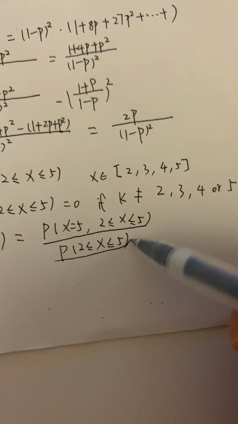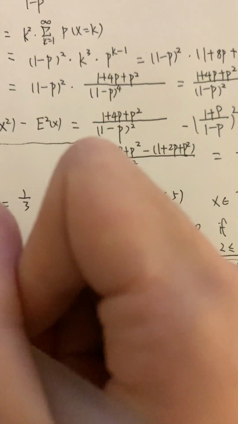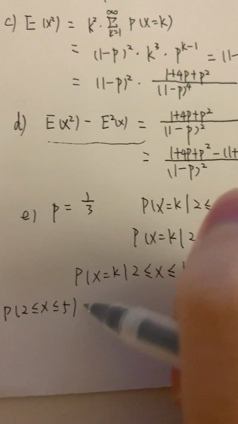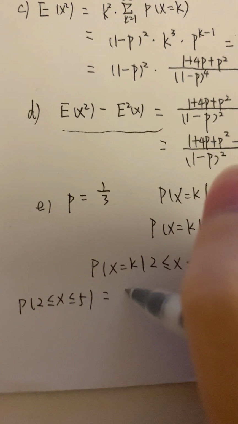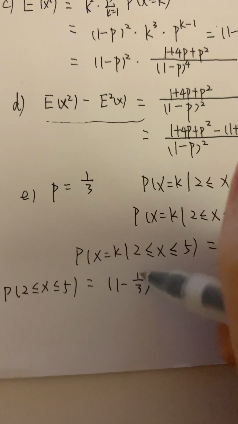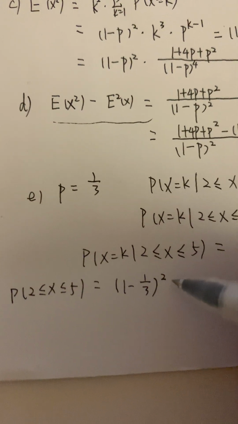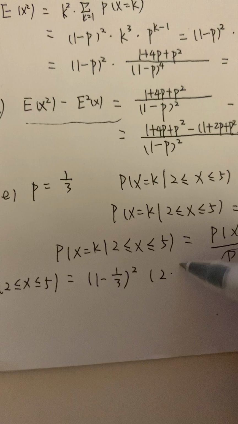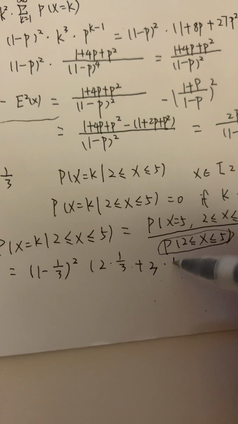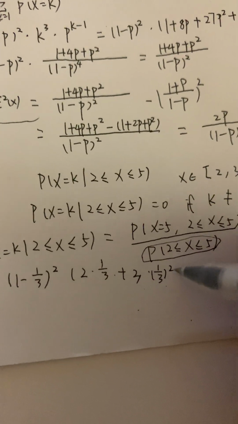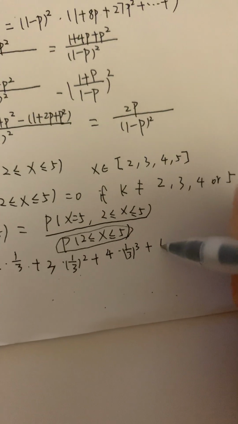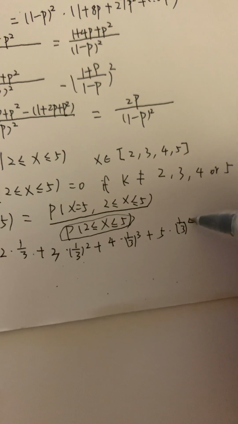For this probability, this is just equal to (1 minus 1 over 3, since we know p is 1 over 3) squared times (2 times 1 over 3 plus 3 times (1 over 3) squared plus 4 times (1 over 3) cubed plus 5 times (1 over 3) to the power 4).